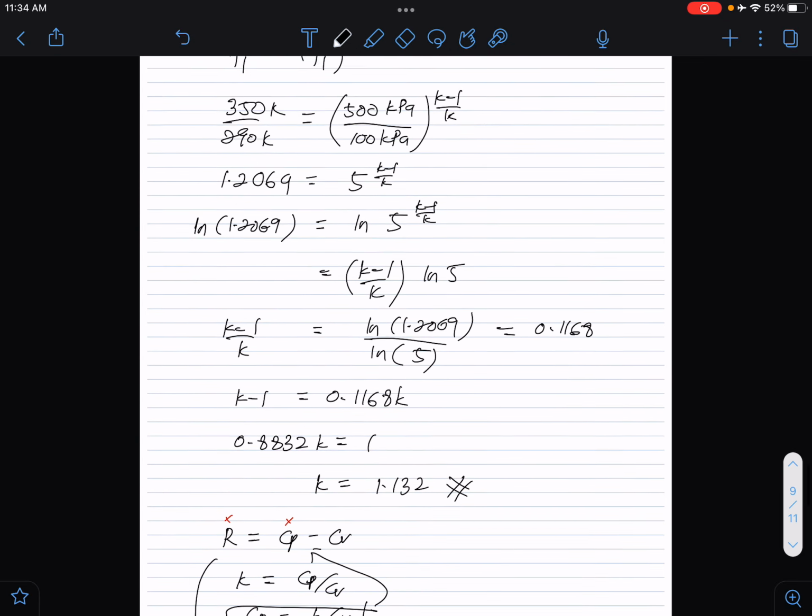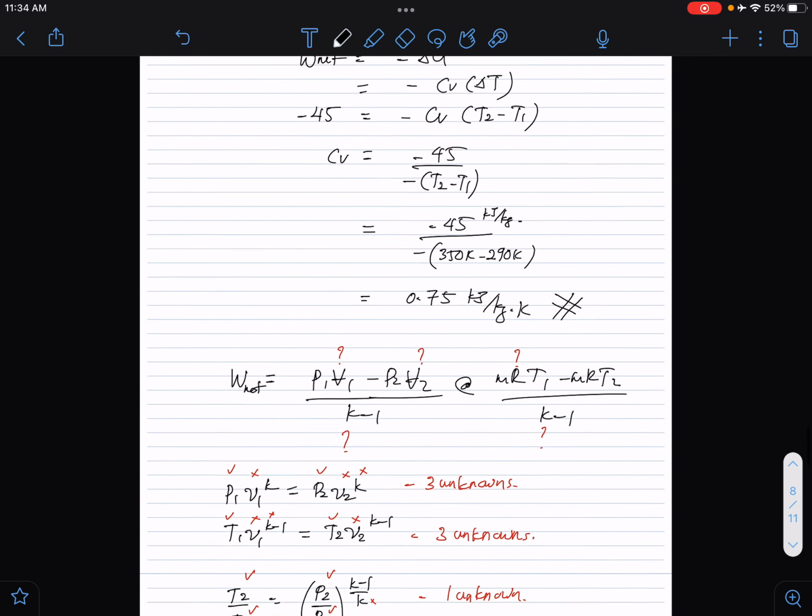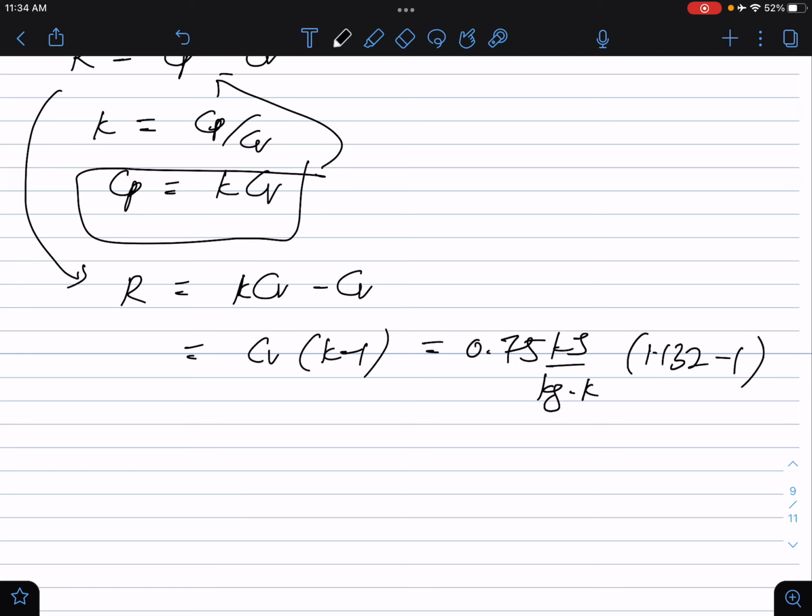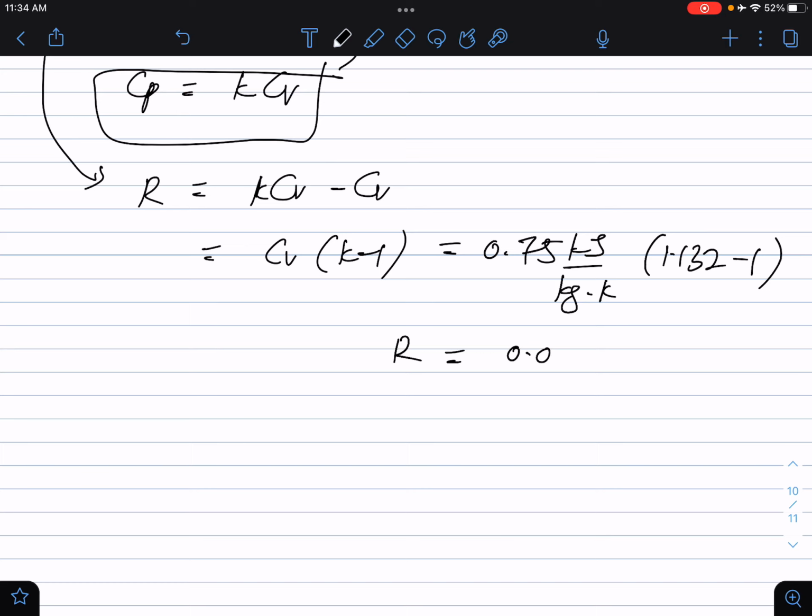Now we have the value of Cv, 0.75, and k is 1.132, minus 1. So this is our R: 0.099 kilojoule per kg Kelvin.